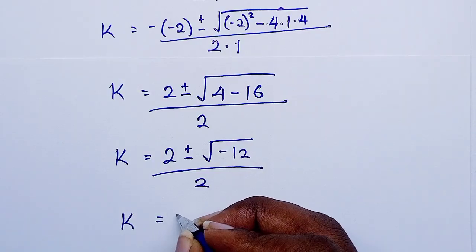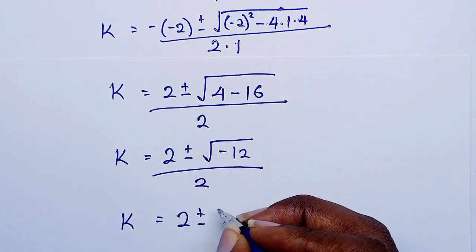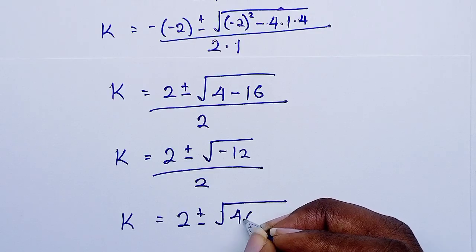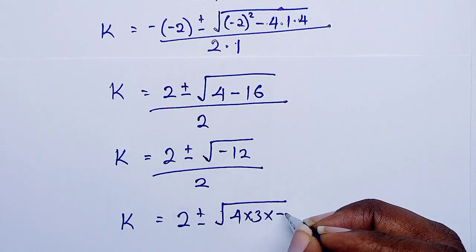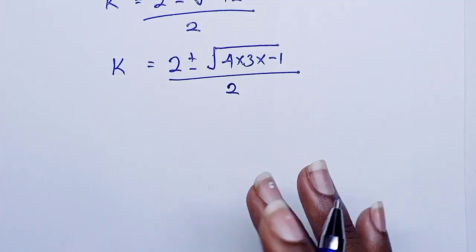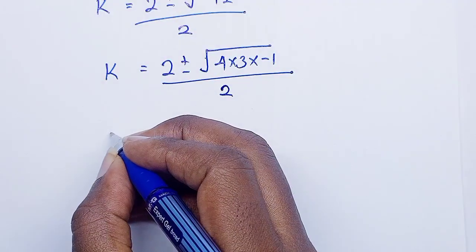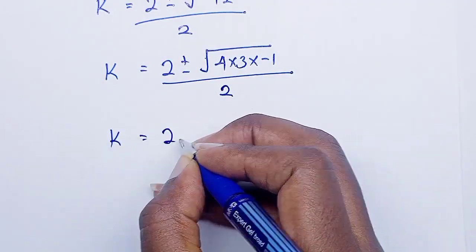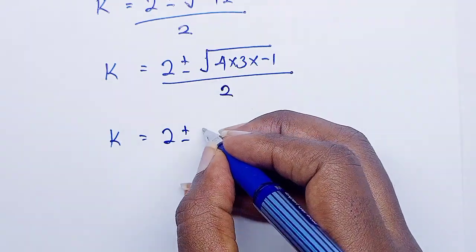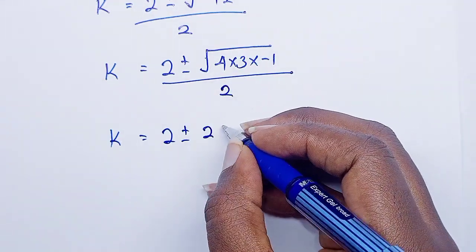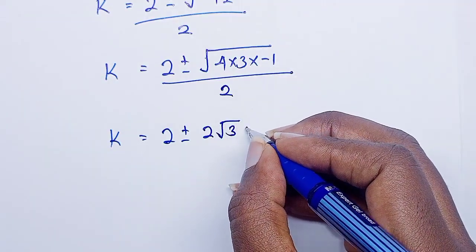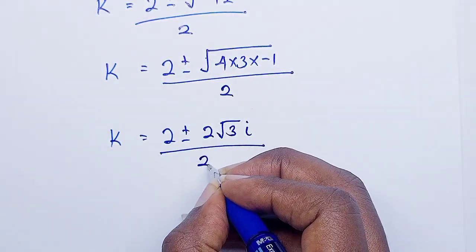So negative 12 can be expressed as 4 times 3 times negative 1, over 2. So k is equal to 2 plus or minus the square root of 4, which is 2, the square root of 3 is root 3, the square root of negative 1 is i, over 2.